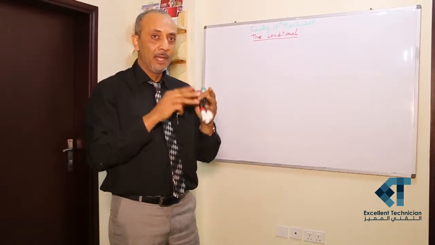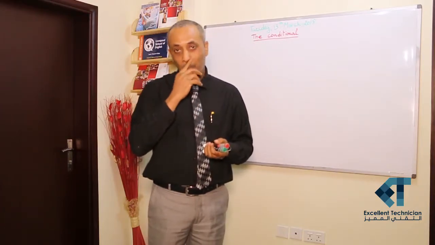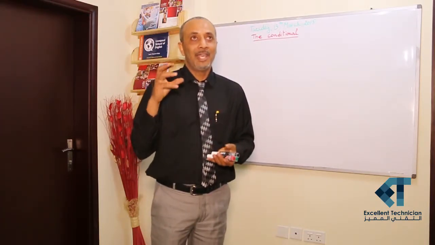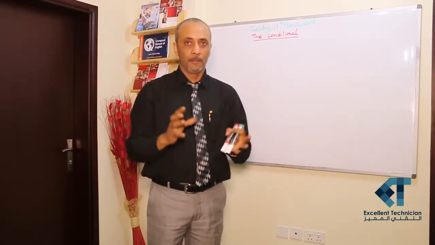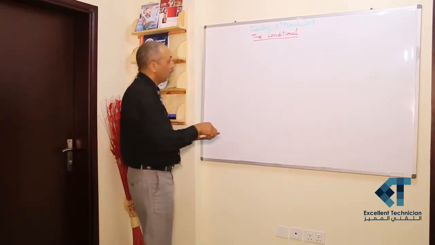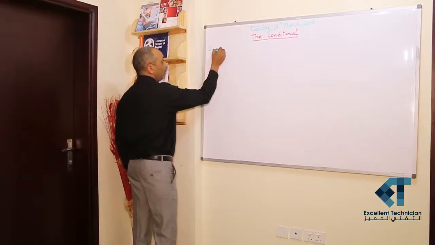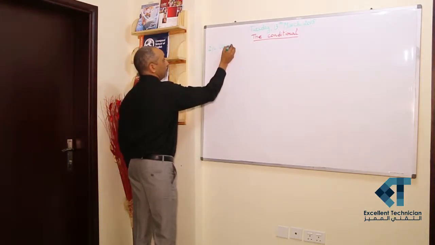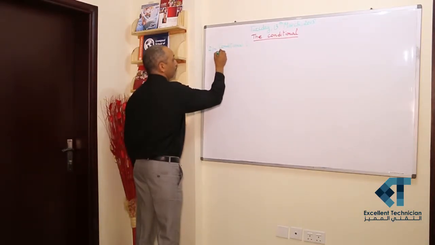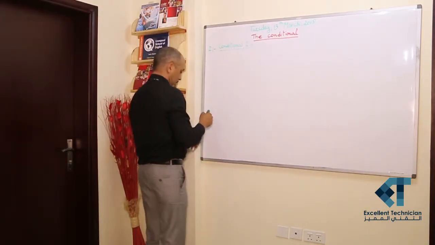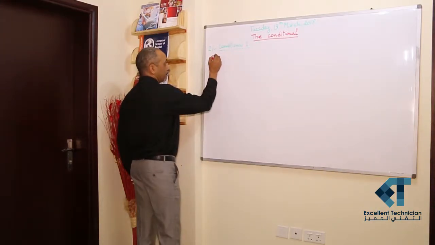Each one of them has a specific construction, a specific rule to be followed when we want to put any verb in the construction of conditional. Grammatically speaking, the first one is conditional 1. The rule for this one is the following.